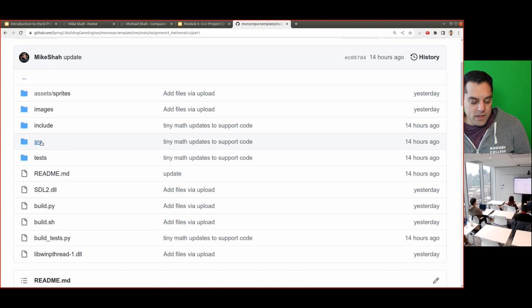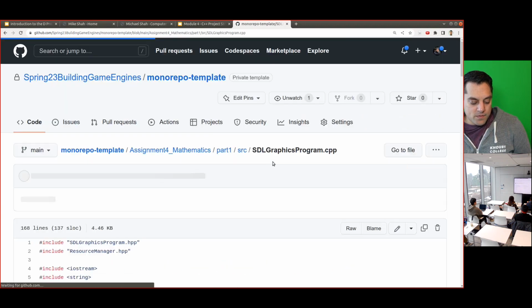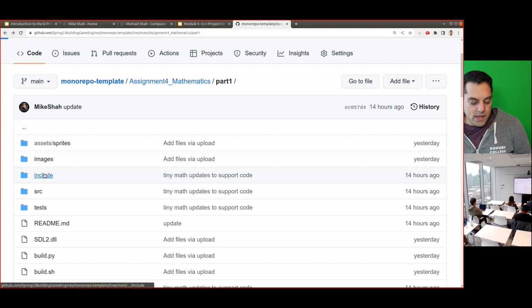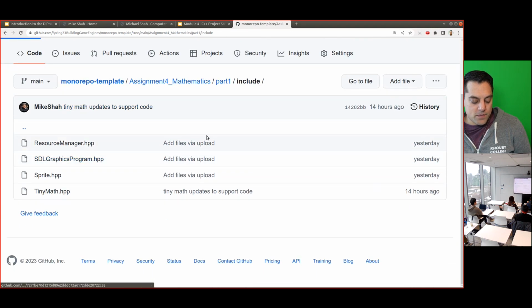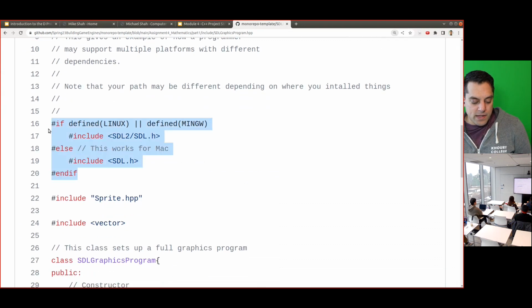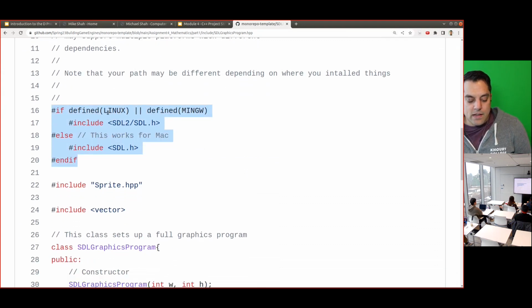But if you go into any of the SDL programs here, and actually let me go back to the header file, anywhere you're doing SDL stuff, you might have noticed something like this. Since we've defined Mac, and we haven't defined Linux or Windows, we use this path for including your SDL. Just Mac had to be a little bit different here.